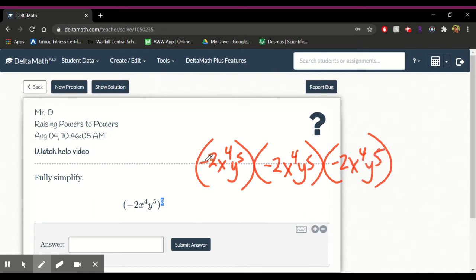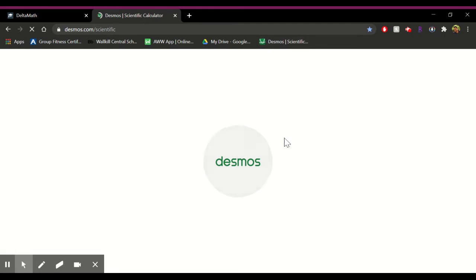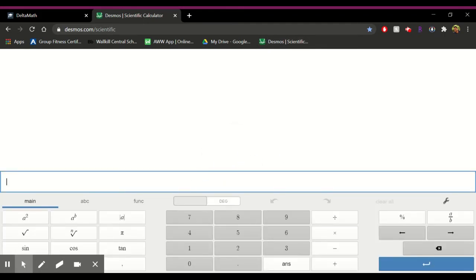All right, so we have negative 2 times negative 2 times negative 2. Again, if you want the Desmos calculator to help you, even though I know what it is off the top of my head, we can use this too. Negative 2, negative 2, negative 2 is negative 8.